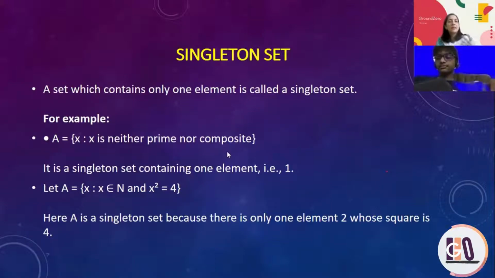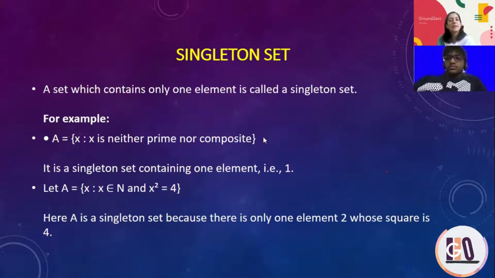Set builder form is a way of representing a set, and they have given an example in set builder form. Singleton sets are those sets which contain only one element.